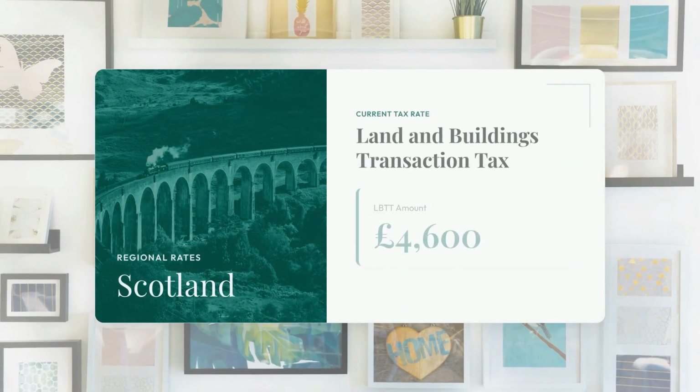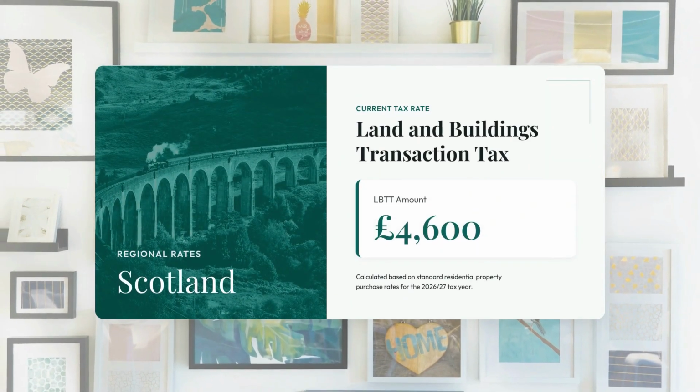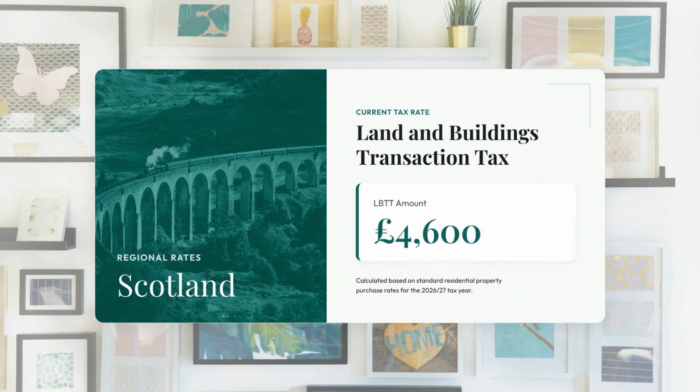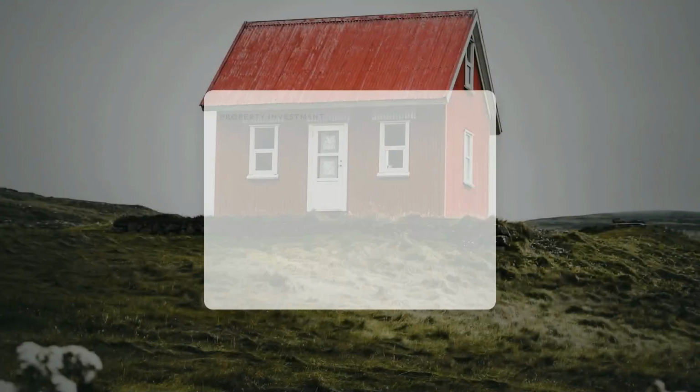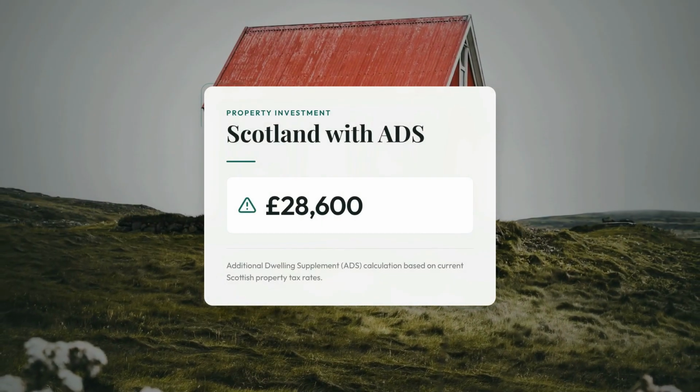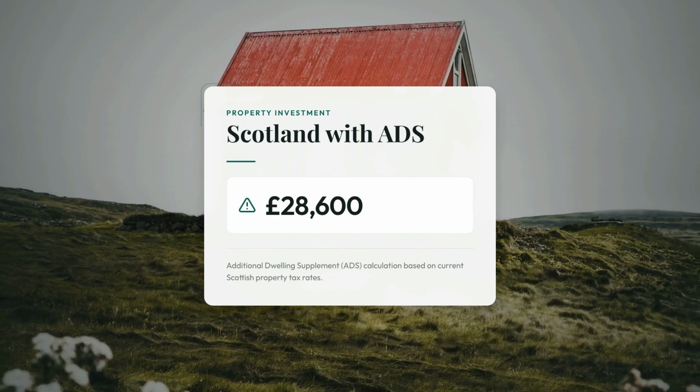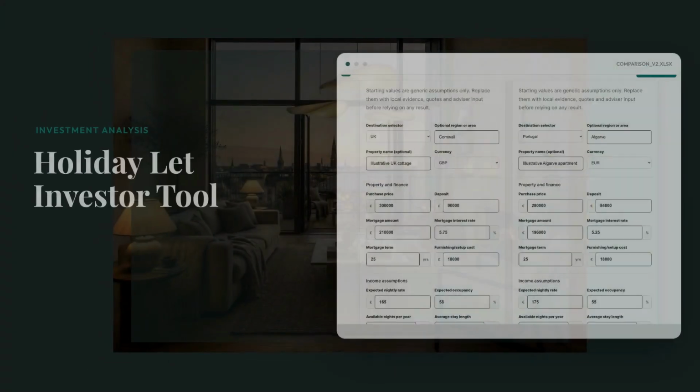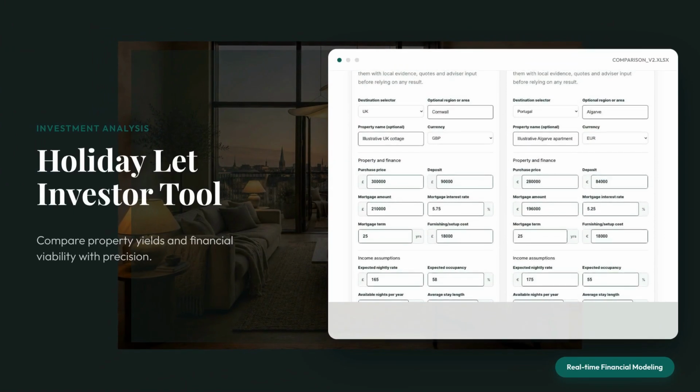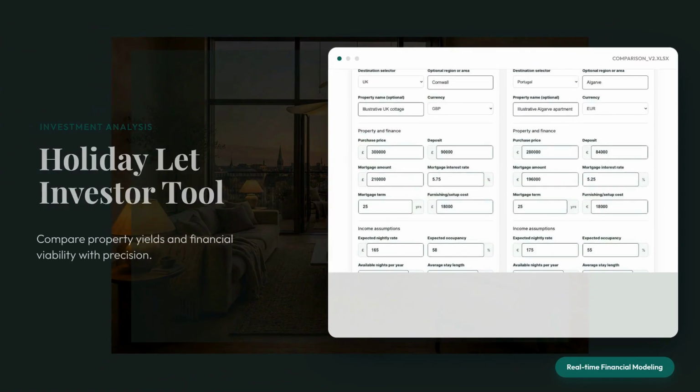Scotland: for properties at £300,000, the LBTT is £4,600, yet this could increase to £28,600 if the 8% ADS is applicable. These examples underscore the necessity of considering tax obligations in your offer model.